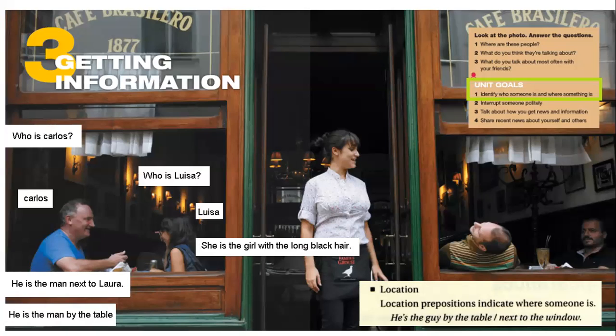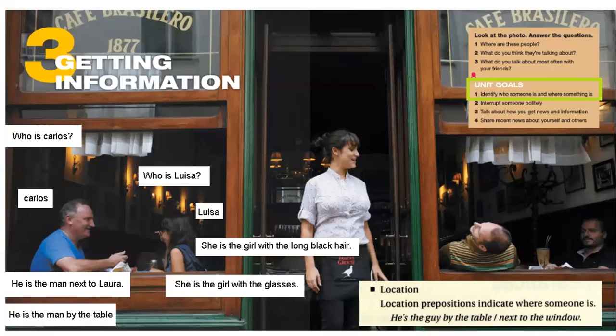What about Luisa? Who is Luisa? She's the girl with the long black hair. If you can see the girl there, she has this long black hair. Or you can also say she's the girl with the glasses. If you look closely at this picture, you're going to see that this woman is wearing glasses.